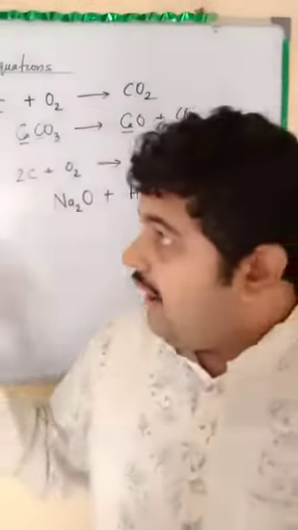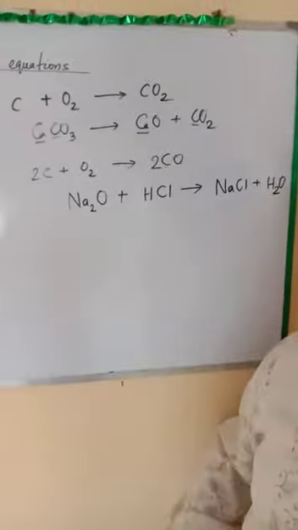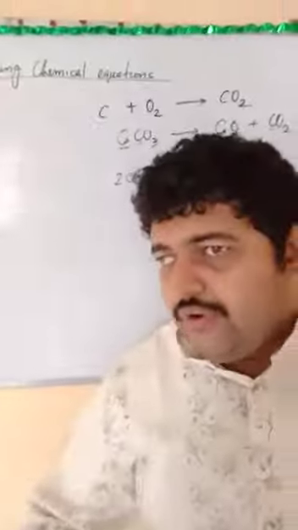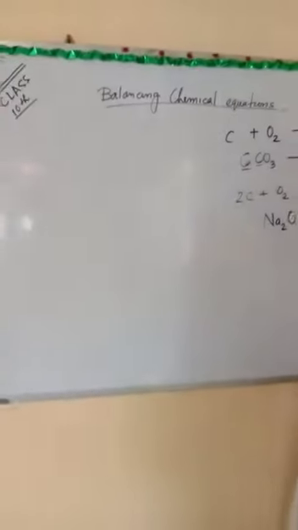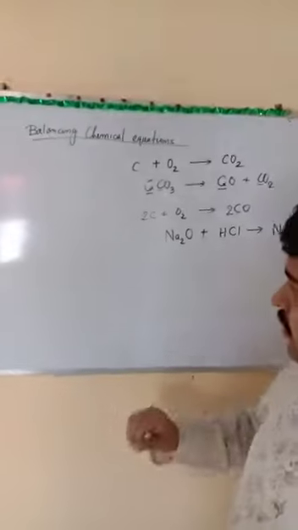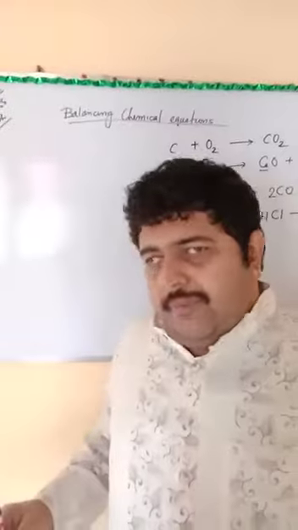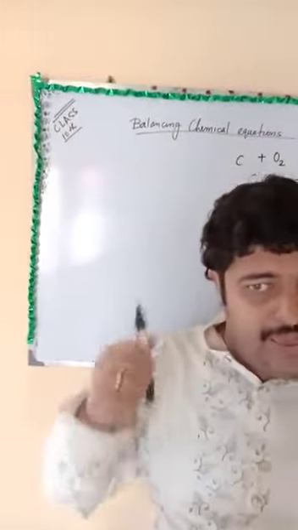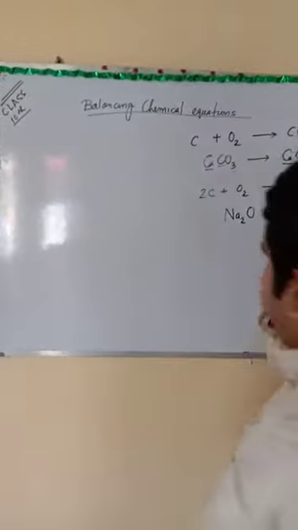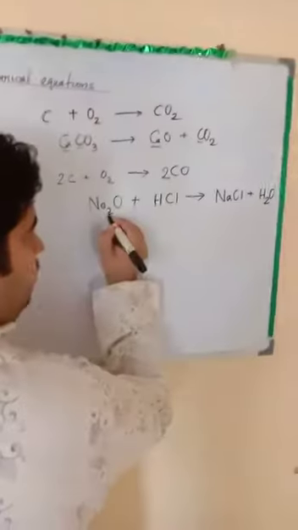This equation which you see unbalanced is called an unbalanced equation or skeletal equation. When you balance the equation, we call it a balanced equation or complete equation. And last but not the least, the process of balancing an unbalanced equation into a balanced equation is known as balancing of chemical equations.